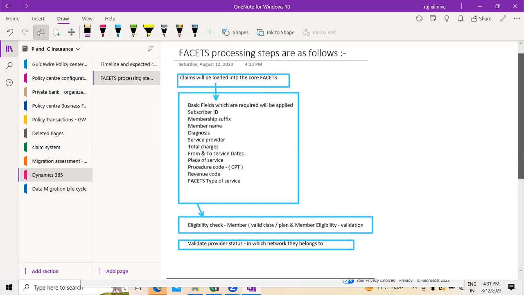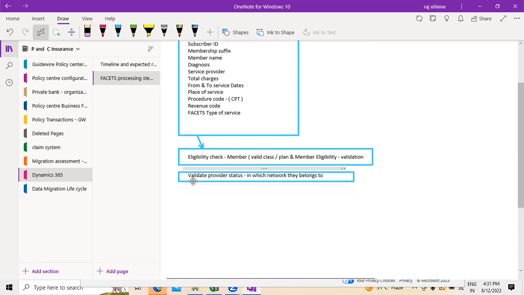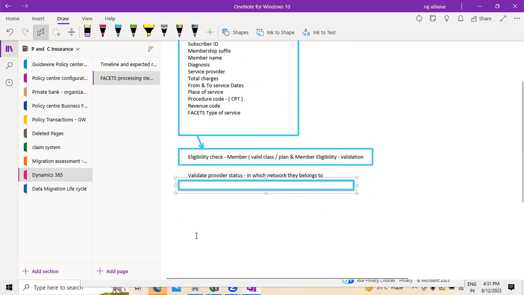So apart from the eligibility checks, we have to verify and validate the provider details. This is also one of the key elements which we have to focus on more, right?